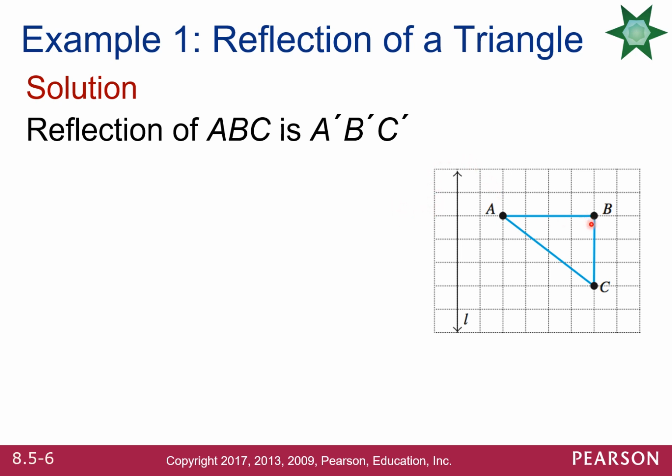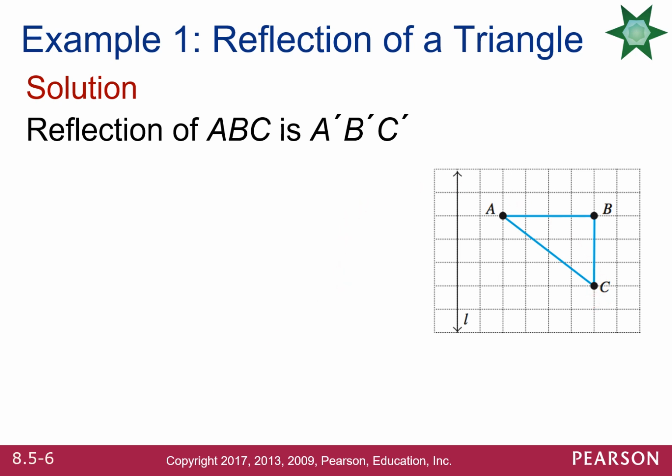Point B is 1, 2, 3, 4, 5, 6 units to the right. The reflection of point B, B dash, is going to be exactly 6 units to the left as well. As far as C is concerned, 1, 2, 3, 4, 5, 6. C is located exactly 6 units to the right. When we reflect that, it's going to be 6 units to the left.